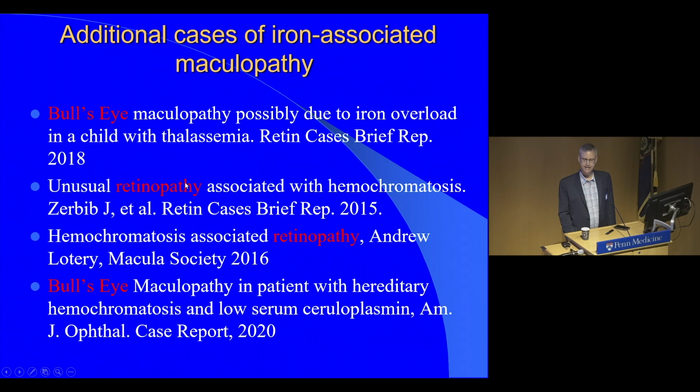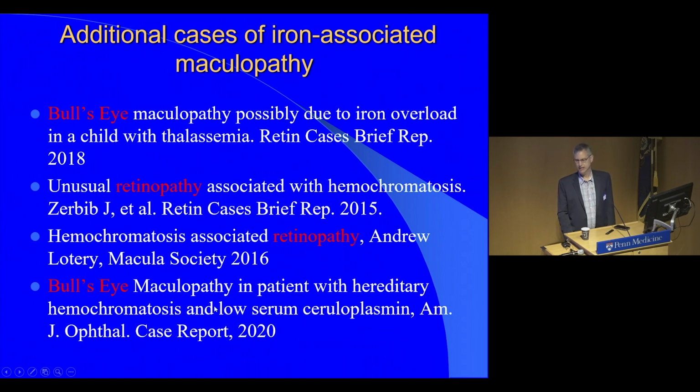There have been a number of cases of hereditary hemochromatosis with associated retinopathies, like bullseye maculopathies. But this doesn't happen in everybody with hereditary hemochromatosis. And so the question is, why not? In one case, in Oregon, the physicians seeing the patient consulted with me.